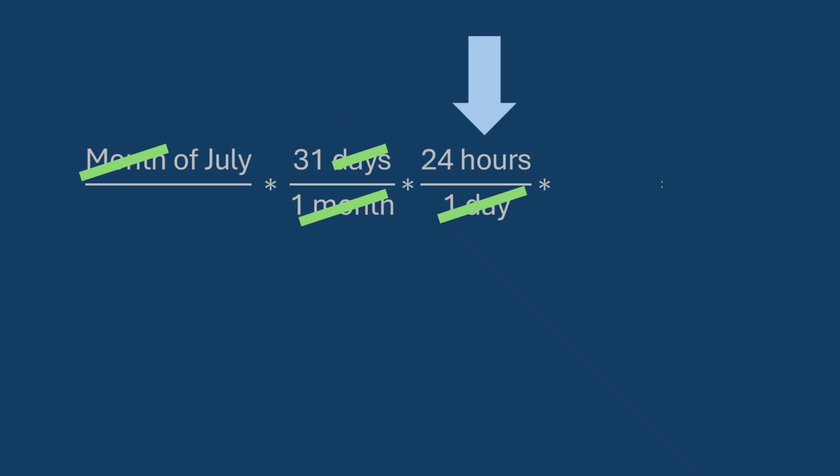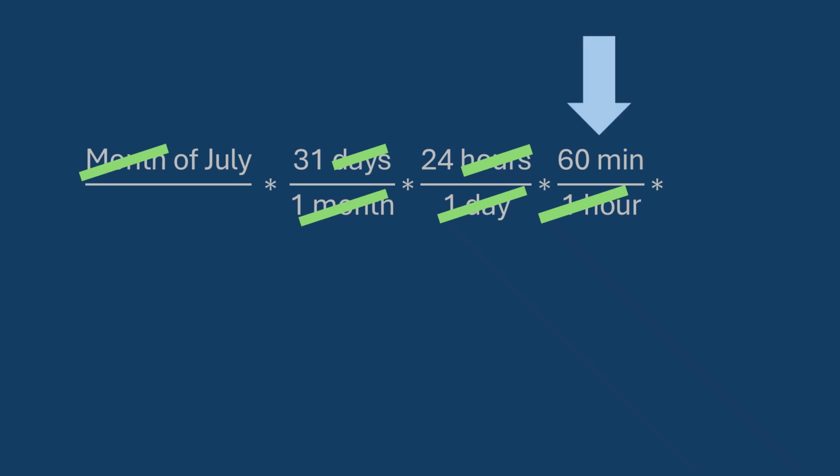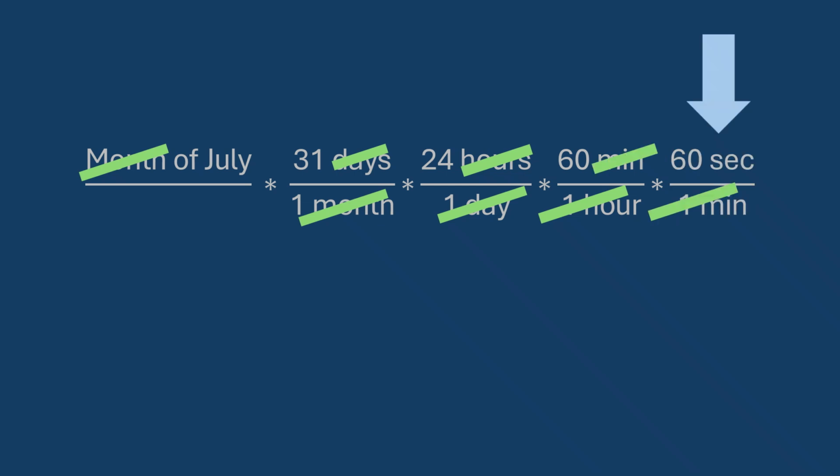Continuing along, let's move from hours to minutes, working to ensure that our units cancel. Any value that we would calculate using these conversion factors would be in terms of minutes. And lastly, move away from minutes to our wanted quantity, seconds.